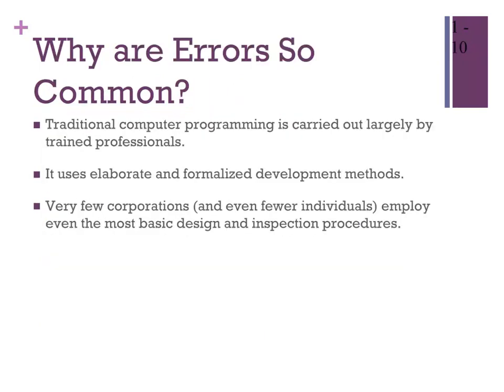Now, the reason why these errors are so common is that any sufficiently complicated model is approaching the point of almost being a piece of software of its own. While traditional computer programming is carried out by trained professionals and has elaborate formalized development methods and established ways of finding bugs, modeling, on the other hand, even when done by corporations, and especially when done by individual people, fails to employ even the most basic design and inspection procedures.